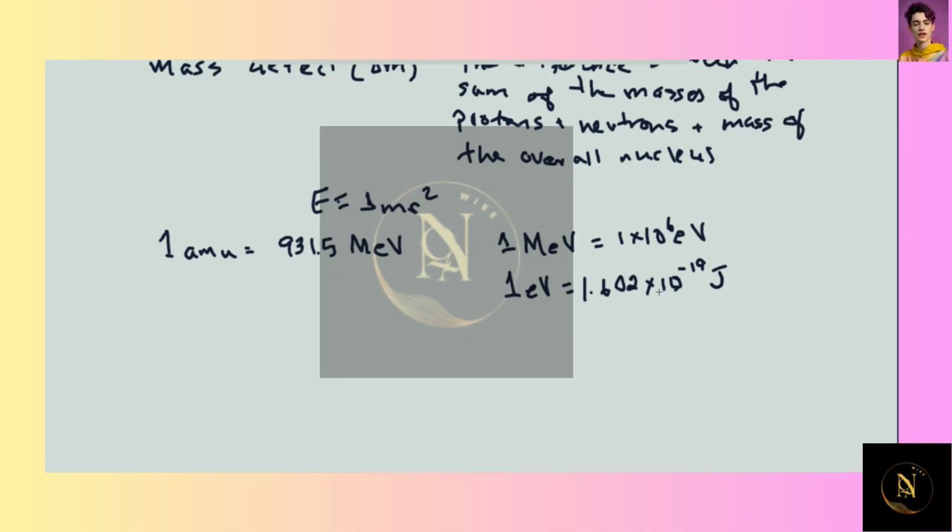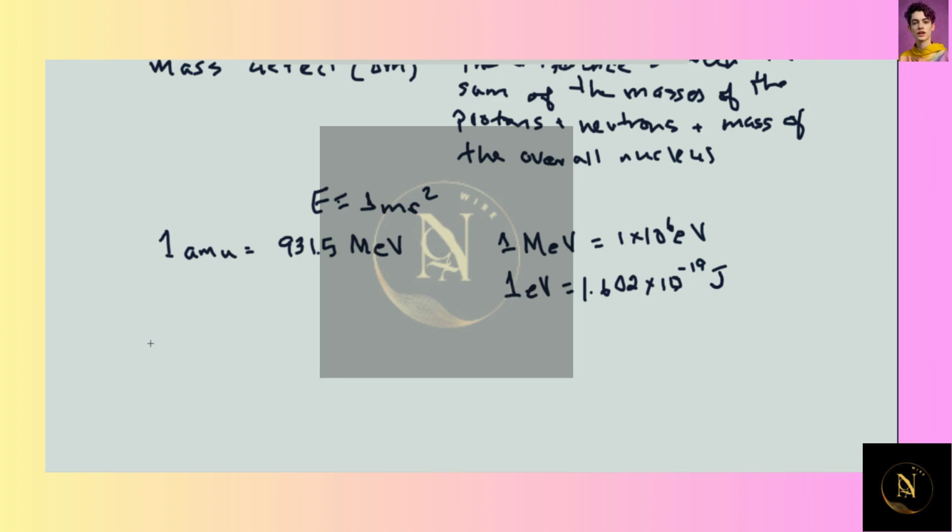So if we have a given isotope, we can find the overall binding energy by finding the mass defect and then converting it.